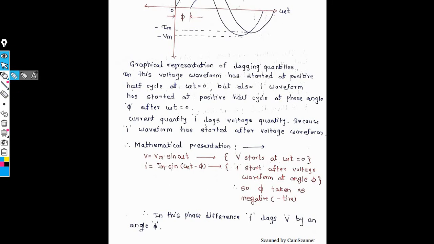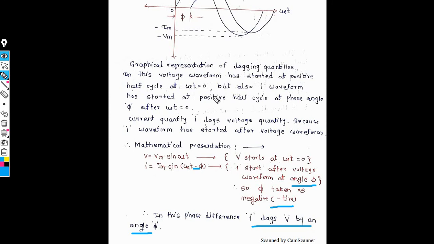That means the current I lags the voltage by angle phi. Then we take a negative angle, that is minus phi. That is, the waveform of I starts after the voltage waveform at angle phi. Formally, the phase difference where I lags the voltage by angle phi is called lagging phase difference.